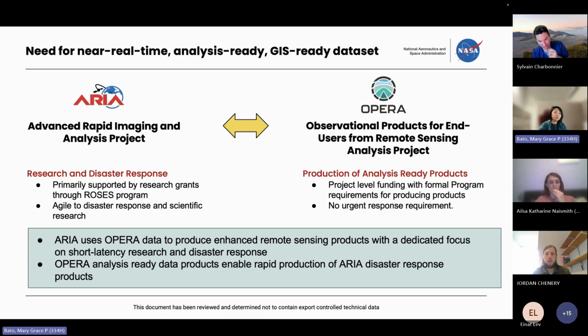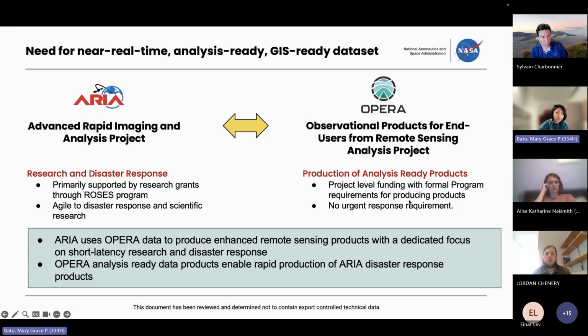So ARIA is more of an on-demand product. Its purpose is mostly related to research and disaster response, because we can tweak the parameters, we can respond quickly, and we don't have operational constraints. It's primarily supported by research grants through NASA's program. And again, it's very agile for disaster response and scientific research.